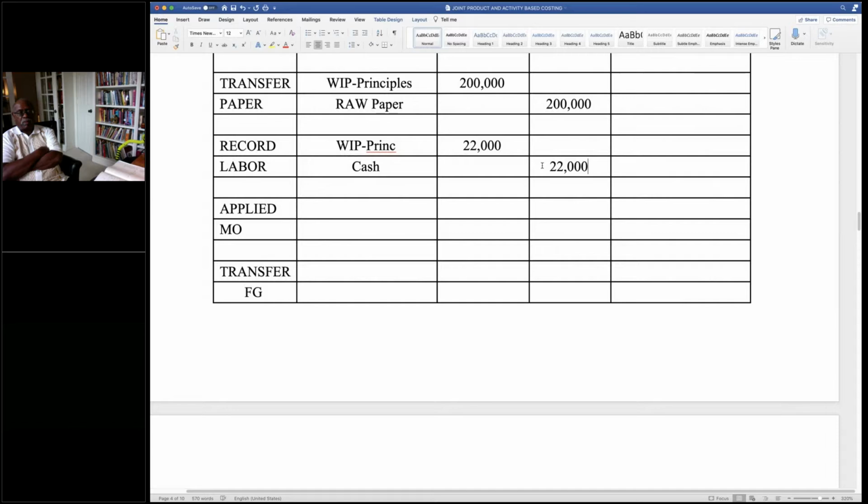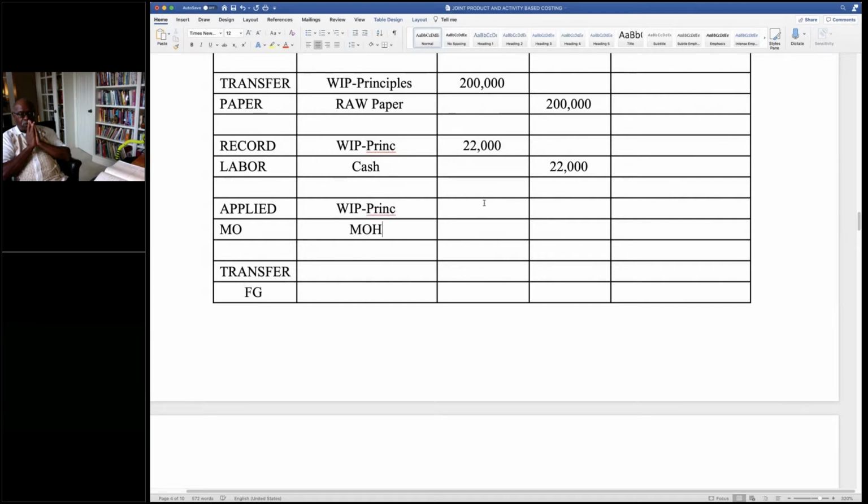All right, and then the next journal entry where it says applied manufacturing overhead, we would debit work in process for the principals, and we would credit the manufacturing overhead. This is to see the amount of overhead that we have compared to the amount that we got for the whole company.